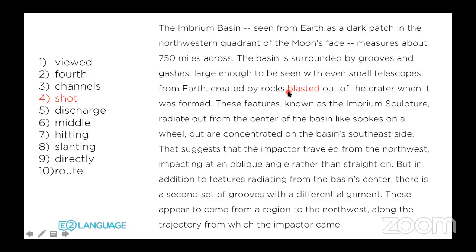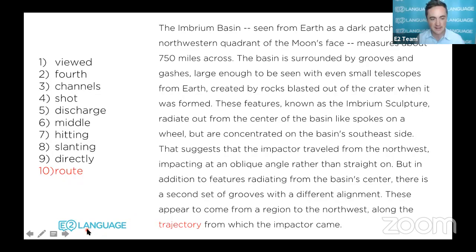Shot, blasted. Discharge, radiate. Middle, center. Hitting, impacting. Slanting, oblique. Directly, straight on. Route, trajectory. All right, cool. So they were the synonyms.